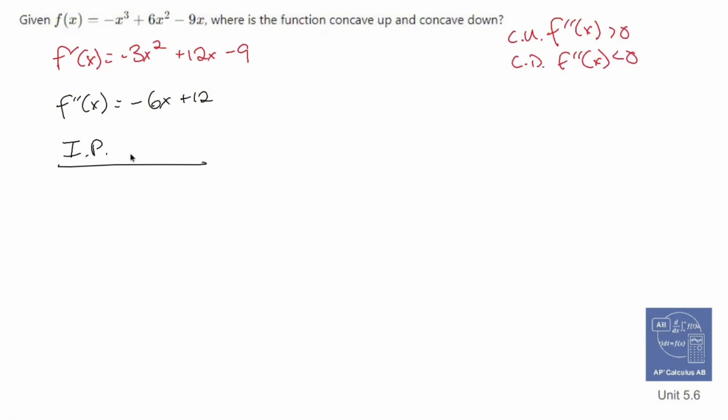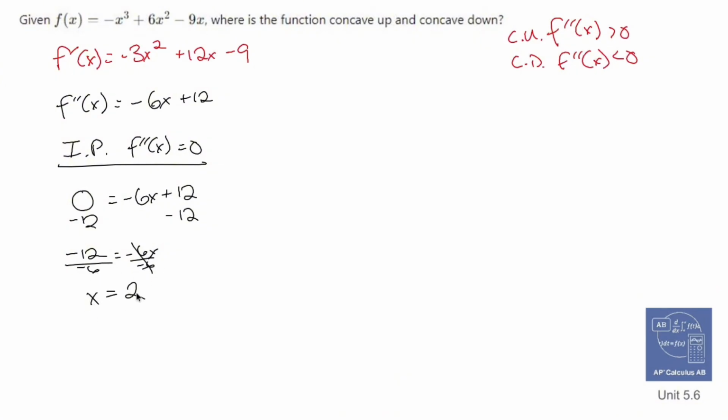My inflection points exist when f double prime of x is equal to 0. I'm going to have one inflection point, -6x plus 12. Let's see, -12 minus 12, -12 equals -6x, divide by -6, divide by -6, x equals 2.